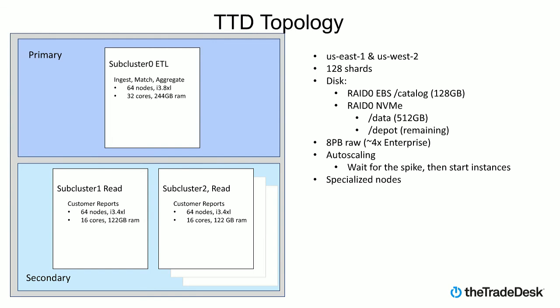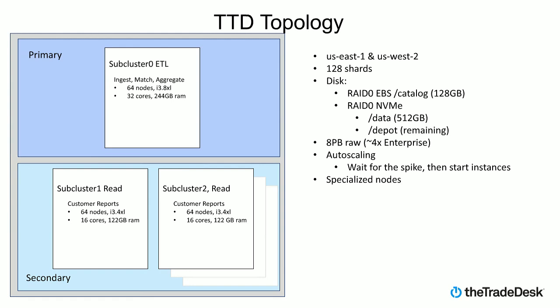I'll also point out that we have one subcluster of specialized nodes. It's not strictly a customer reports subcluster. We had this tool called Planner, which optimizes ad campaigns for our customers. We built it, it runs on Vertica. It uses data in Vertica, runs Vertica queries, and it was wildly successful. So we wanted to have some dedicated compute for it.